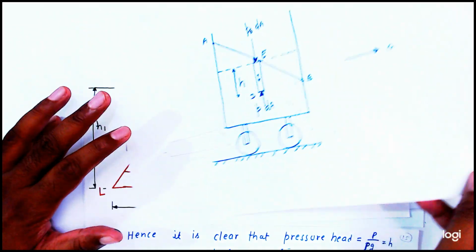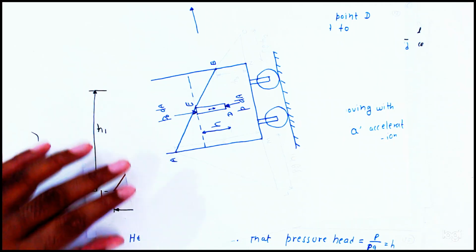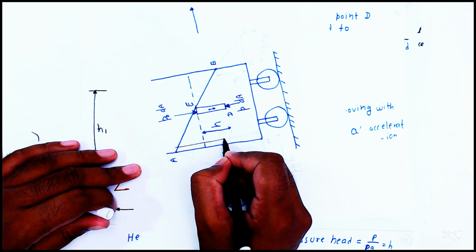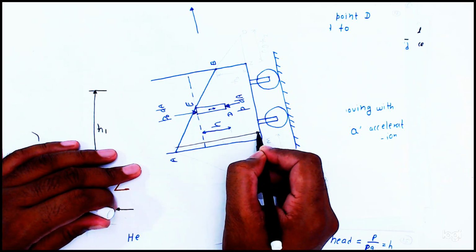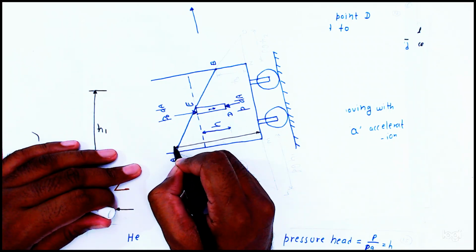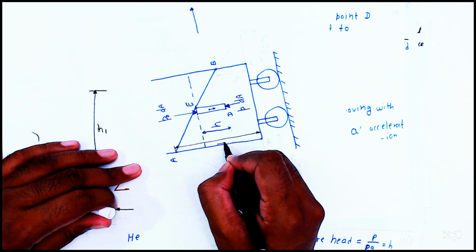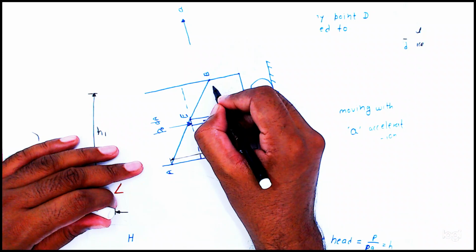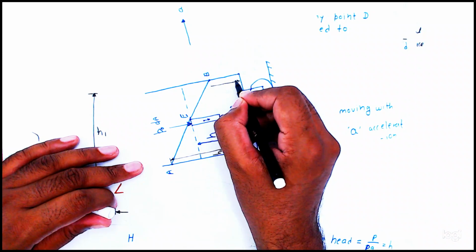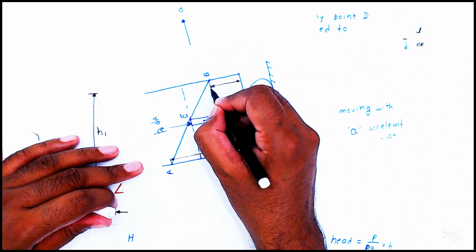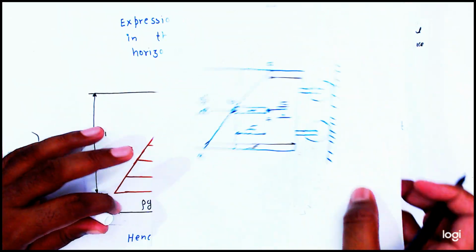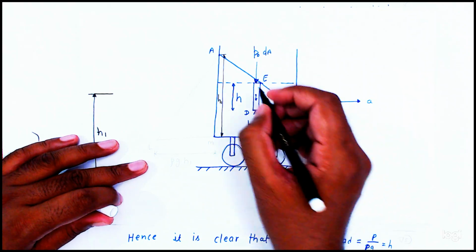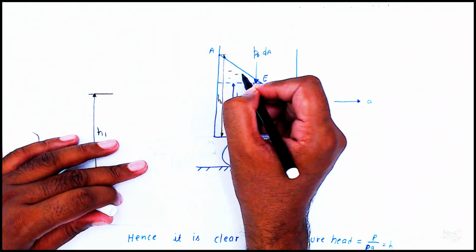So let's suppose here the height of liquid is h1, and here the height of liquid is h2. Getting friends? Here liquid is h2. Here on this side liquid is there.